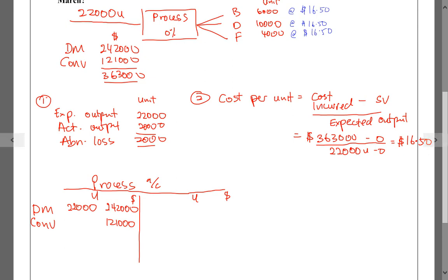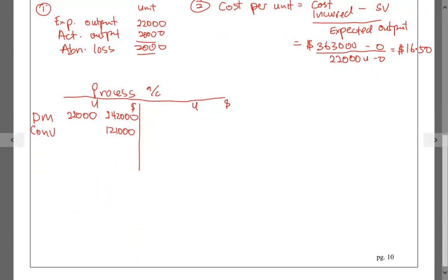Debit side, okay. Normal loss scrap account. We know there's no scrap 0. After scrap will be finished goods.